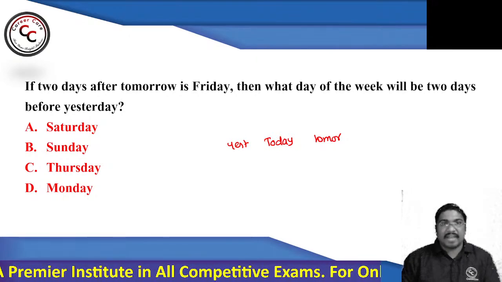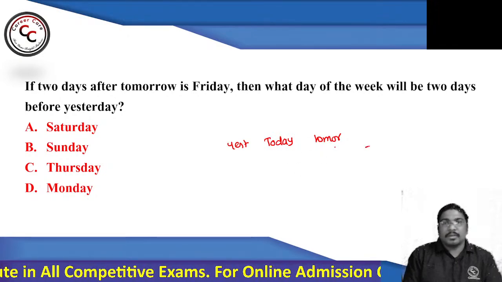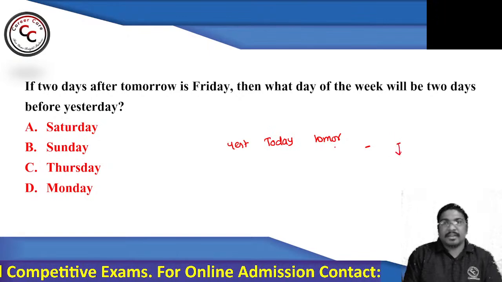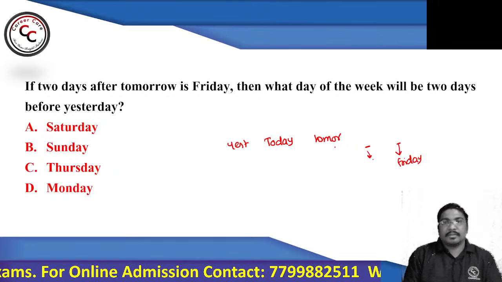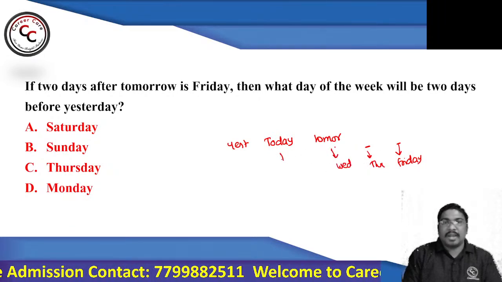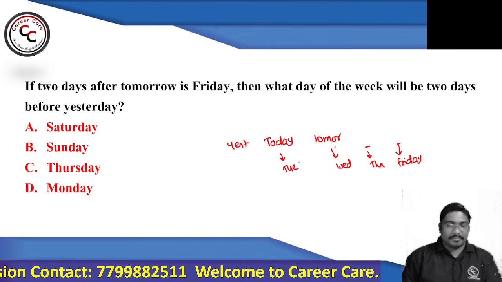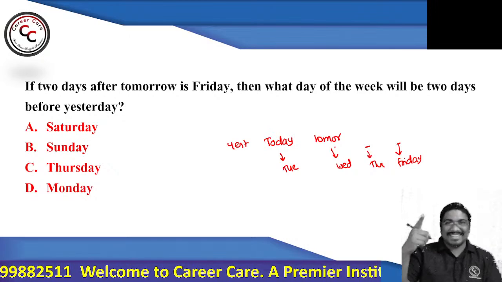If 2 days after tomorrow, so this is tomorrow, first day, second day is Friday. So if this is Friday, this is Thursday, this is Wednesday, and this is Tuesday, right? I'm getting Monday, Sunday.